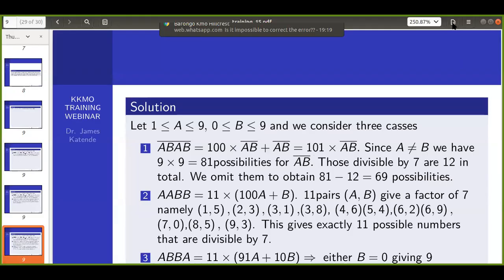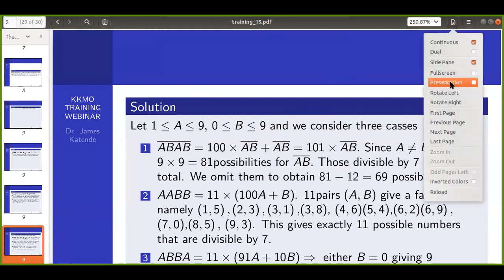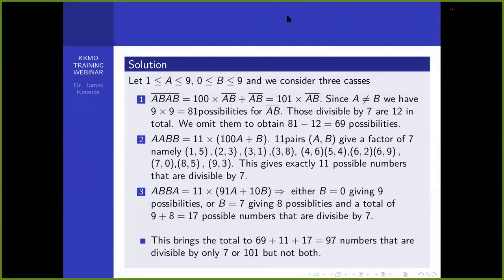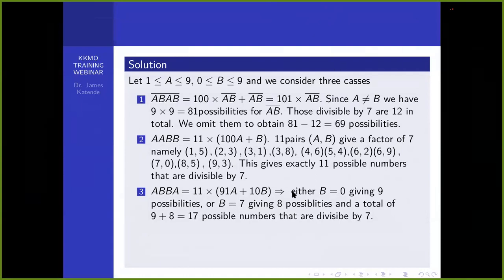Oh, what have I done? I need to take it back to... Okay. So you can write this as 1,000 multiplied by A, right?